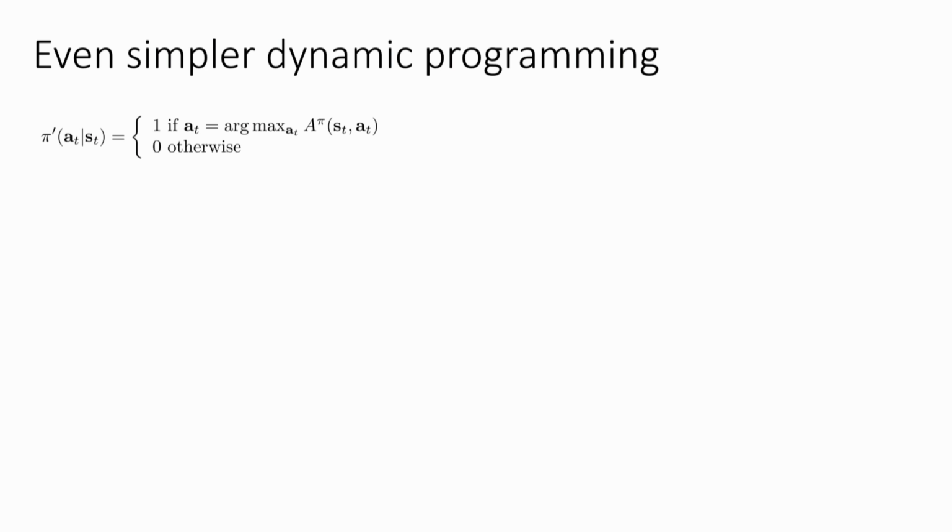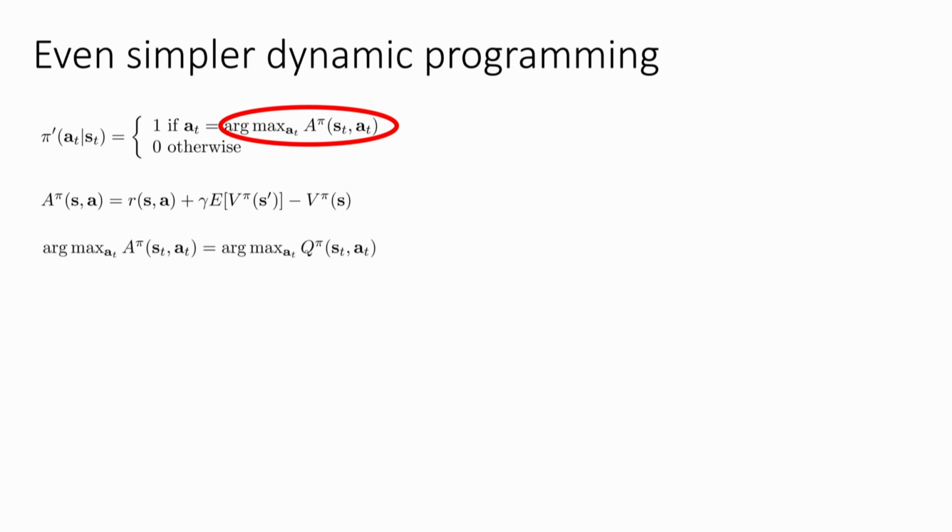So here's how we can get to this. First, let's look at this argmax of A. This argmax of A gives us the best action according to the current value function, where we use the value function to construct A. Here's A. All it's made up of is the reward and the value.